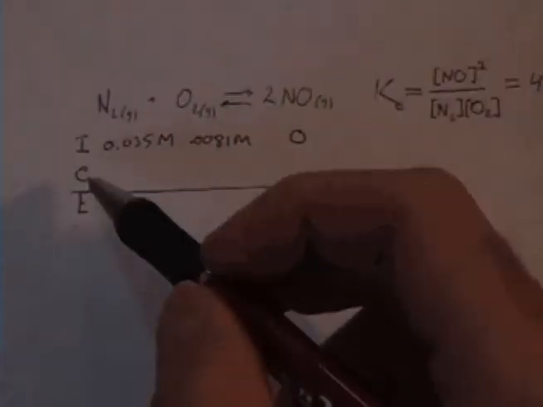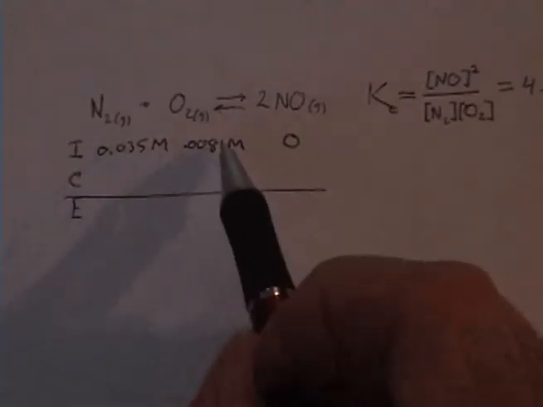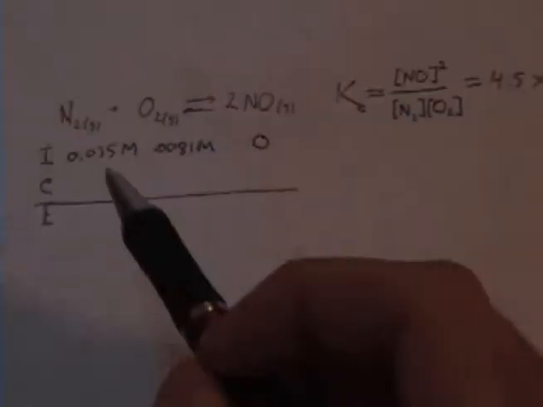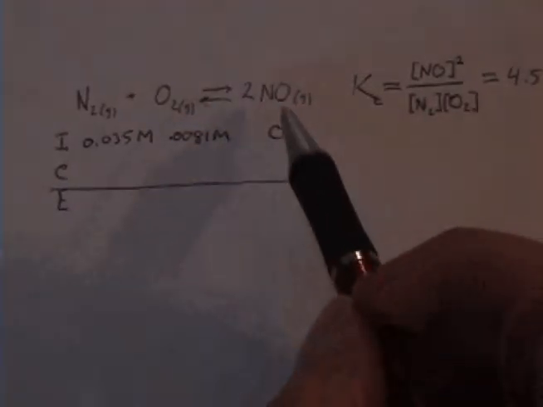Now, how is this going to change? Well, we don't know exactly, but we do have a clue. A very small amount, as indicated by the equilibrium constant being very small, will react to form the products.